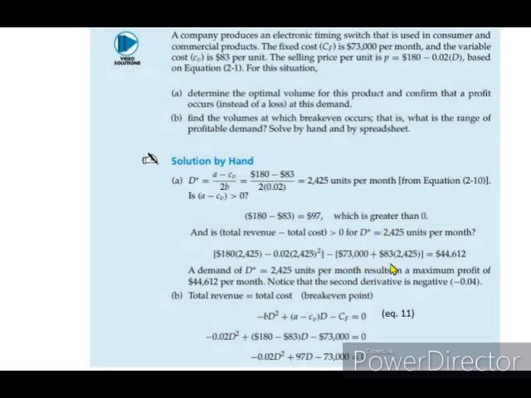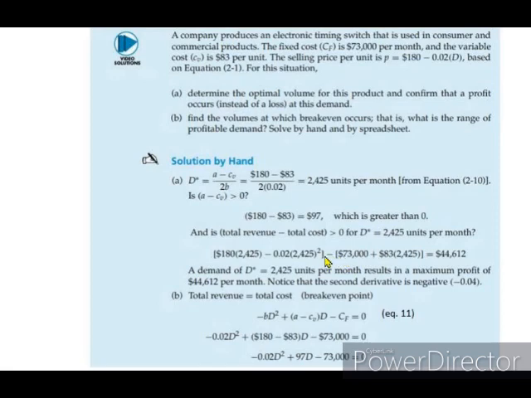This is the formula: the fixed cost, which is $73,000, plus the variable cost, which is $83, multiplied by the volume, or the units per month, which is 2,425.